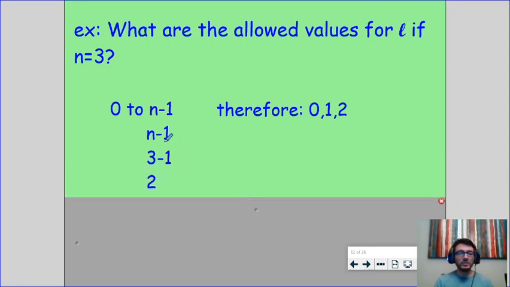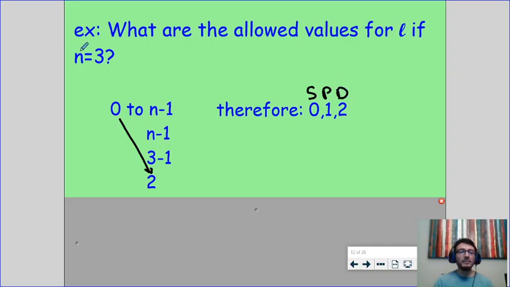So our range is going to be from 0 to 2. That means it has to be in whole number integers, 0, 1, and 2. In other words, S, P, and D.